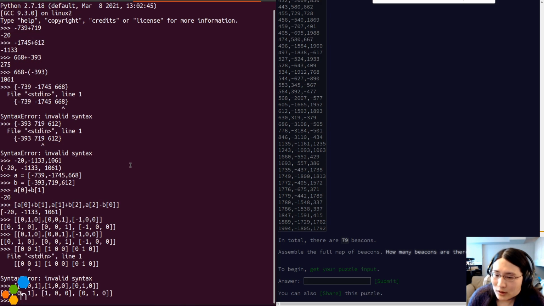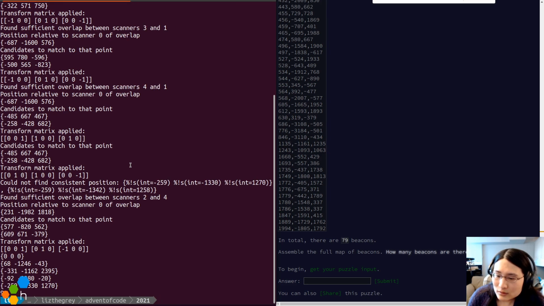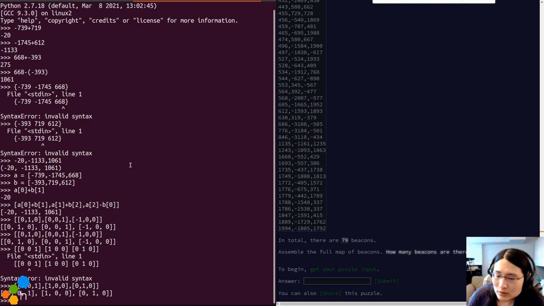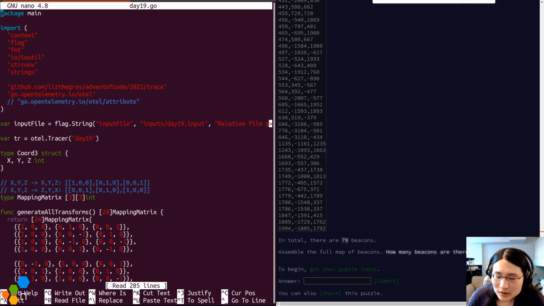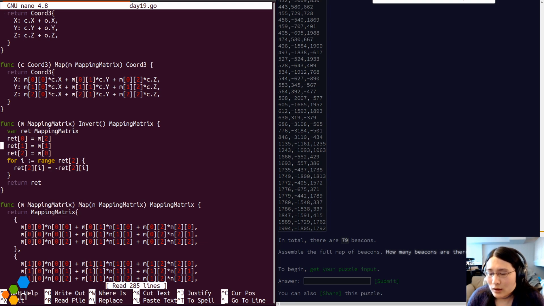0, 1, 0. Oh, 0, 0, 1. Okay. So now my inverse is wrong. Yeah, there's a better way to handle matrix invert.